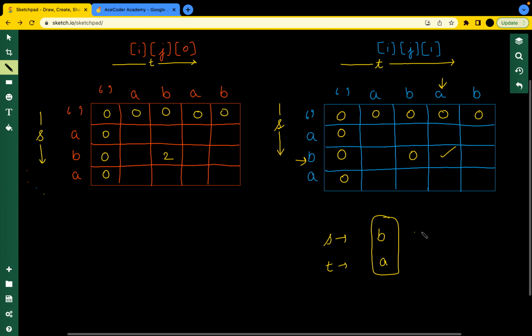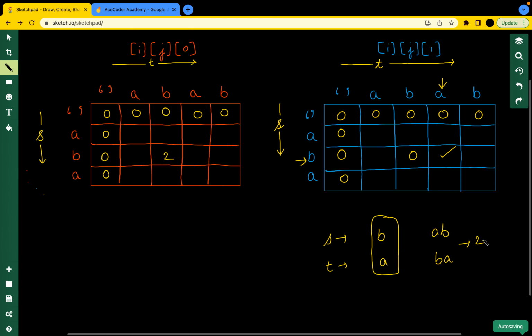Let's see what the other possibilities are. If AB was coming from string S and BA was coming from string T, then the value would have been 2 for the difference, since these both strings differ by 2 characters.